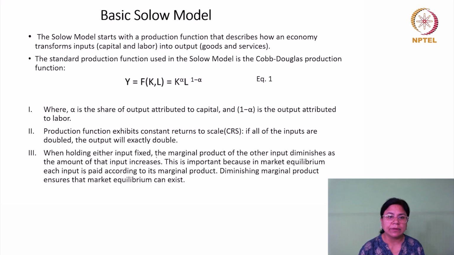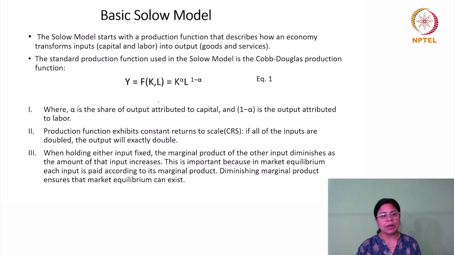So you have the standard production function used in the Solow model, the Cobb-Douglas production function, where you have K for capital, L for labor, and alpha is the share of output attributed to capital. Considering a two-factor model of the economy, 1 minus alpha would be the output attributed to labor.